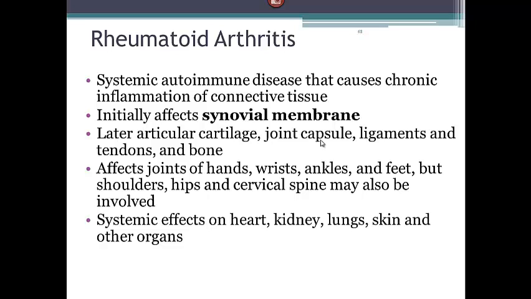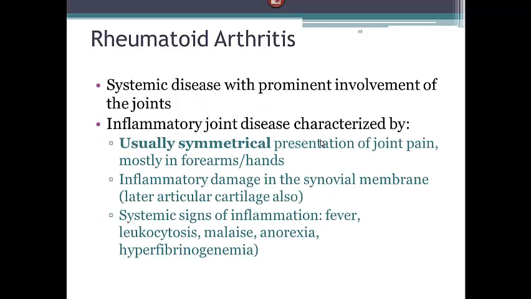There's actually a clinical criteria for rheumatoid arthritis. It is symmetric, it is inflammatory, and it is associated with systemic manifestations such as fever, leukocytosis, anorexia, that are not present in osteoarthritis.